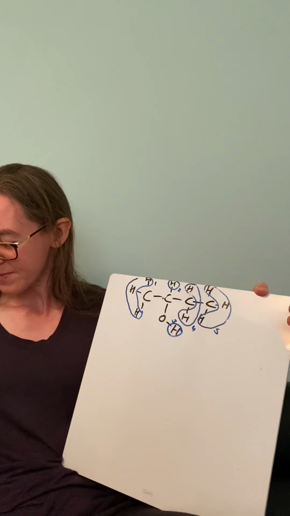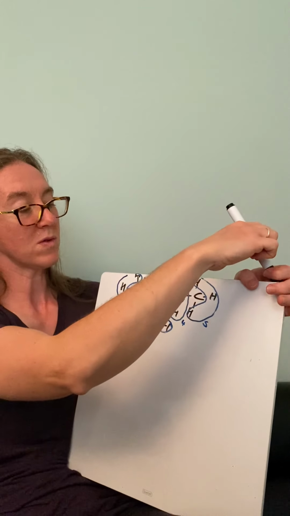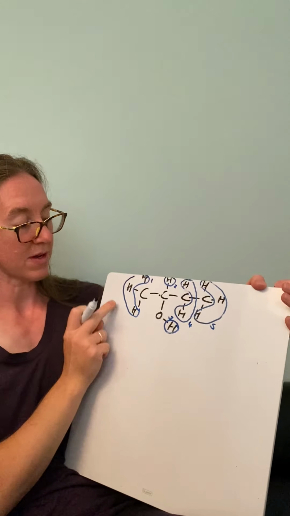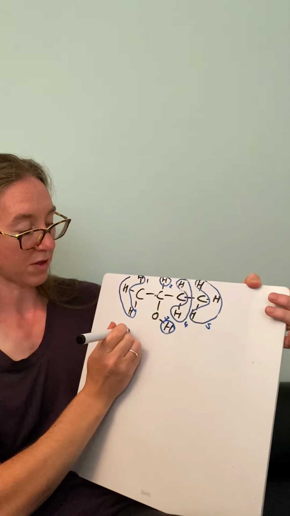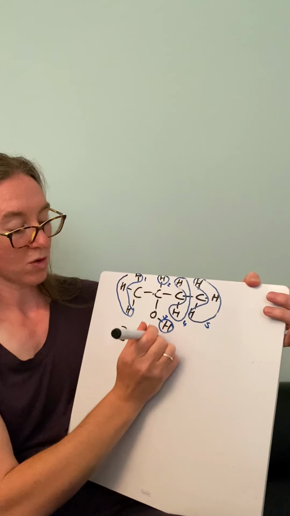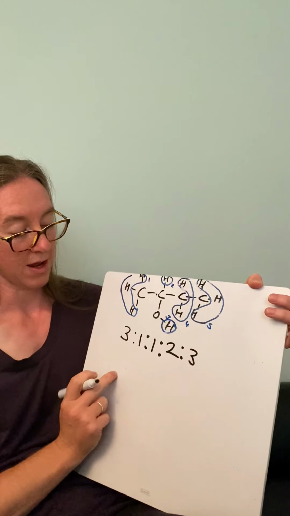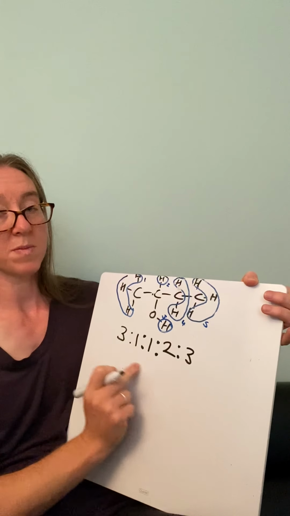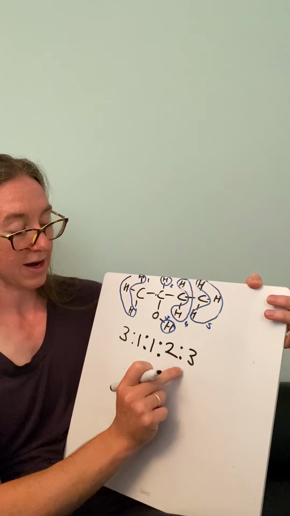Okay, so the ratio business is very straightforward. All you have to do is go along and count how many hydrogens there are in each environment. So I've got 3 to 1 to 1 to 2 to 3. It doesn't matter what order you put these numbers in, as long as you've got the correct numbers.